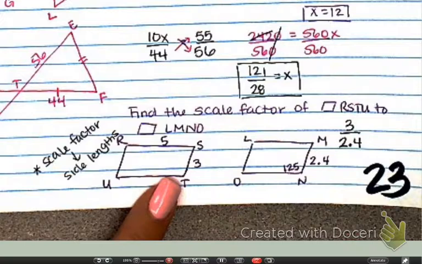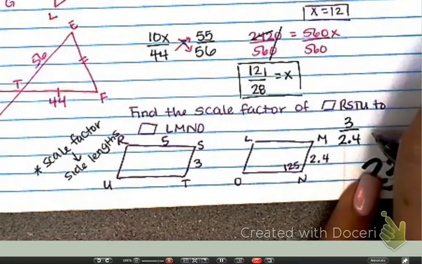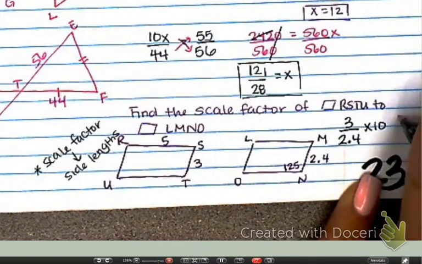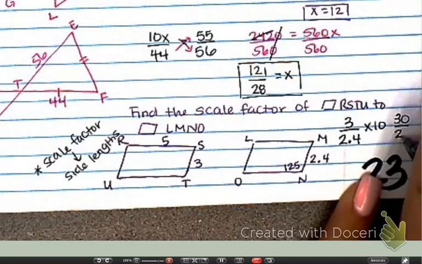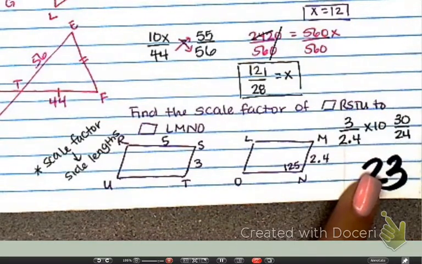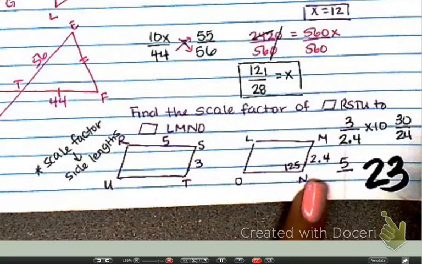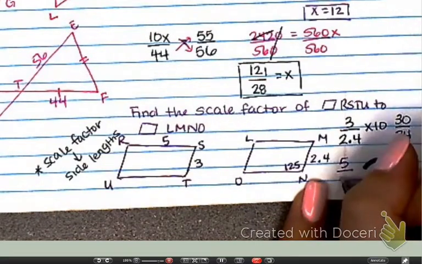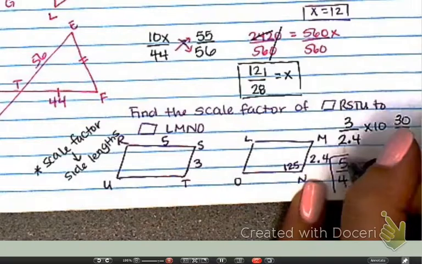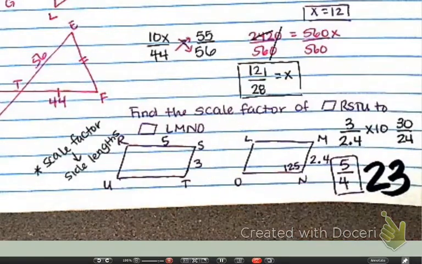That's not going to work for us. How do we fix it? Multiply by 10. So it's 30 over 24. And what goes into 30 and 24? 6. 6 goes into 30 5 times. 6 goes into 24 4 times. So my scale factor is 5/4.